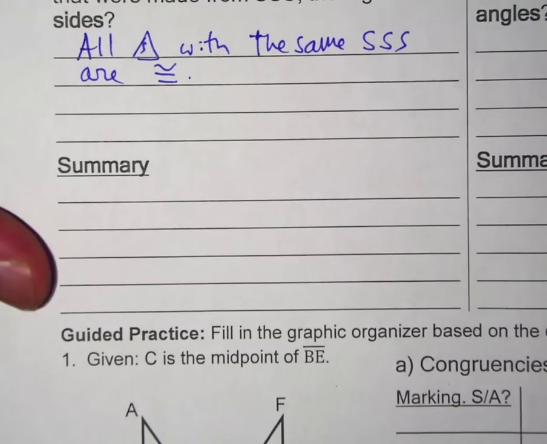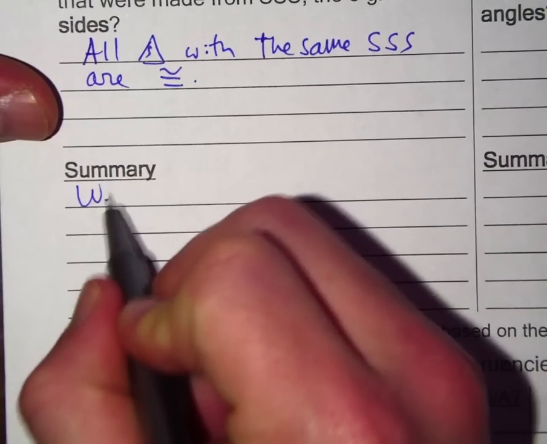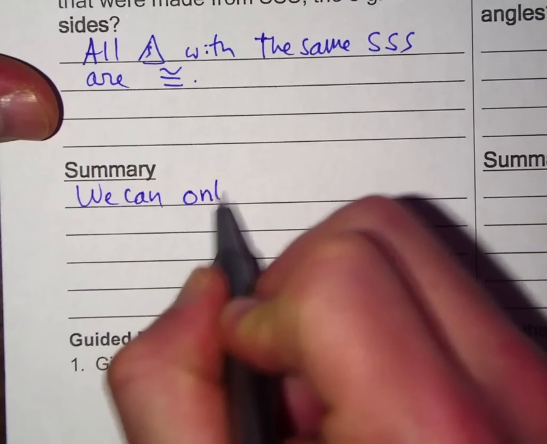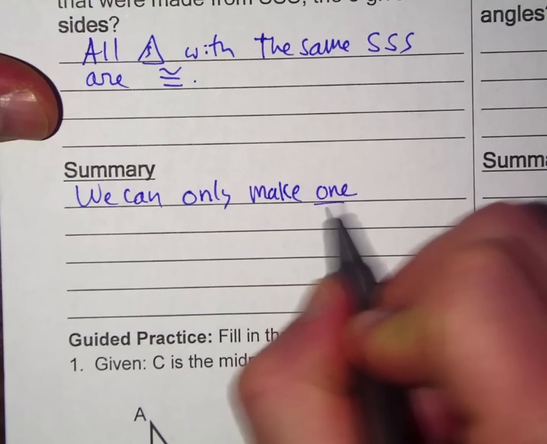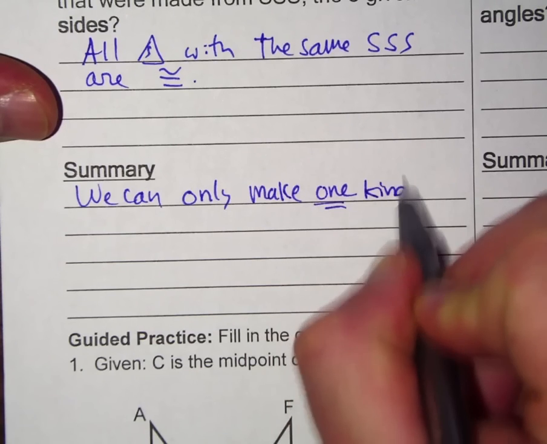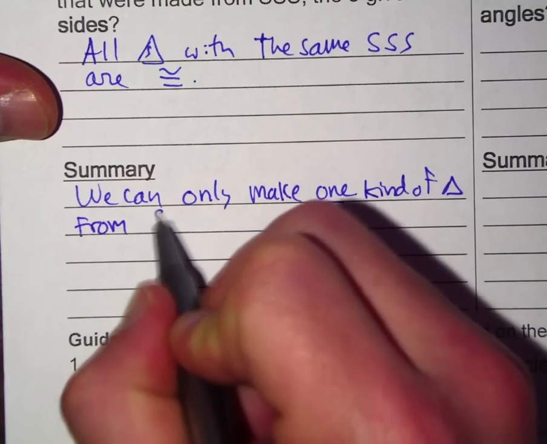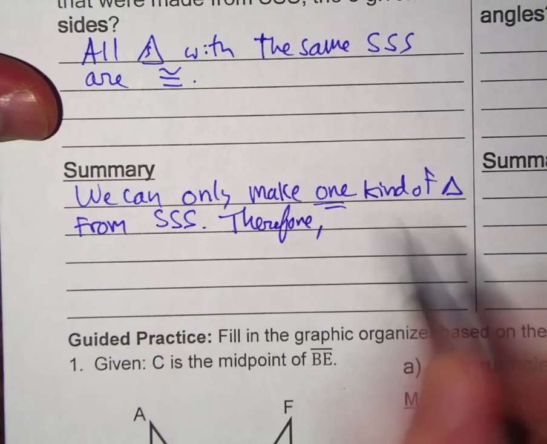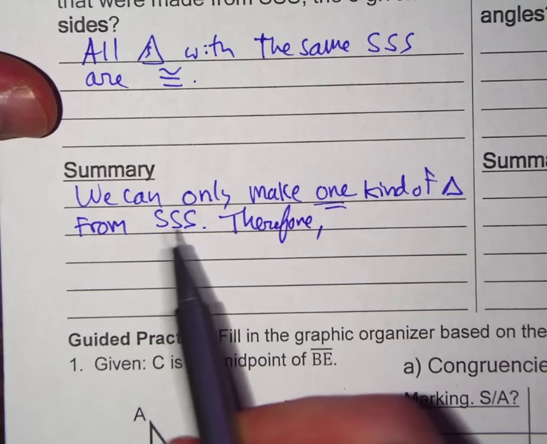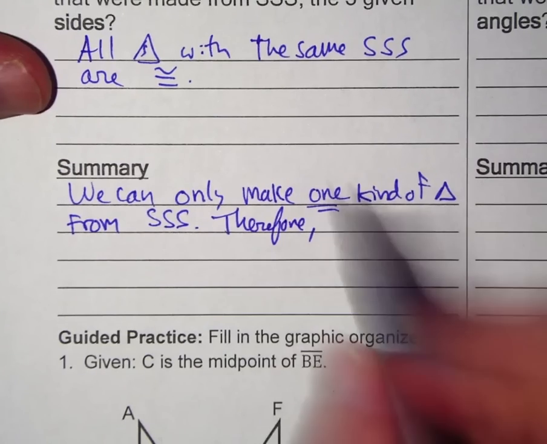So that's really important because if we talk about our summary here, we can only make one kind of triangle from a side. So when we're given three side lengths, you can only make one triangle, no matter how hard you try.